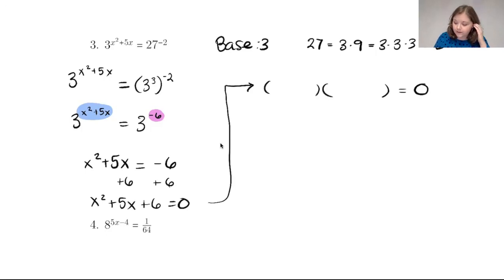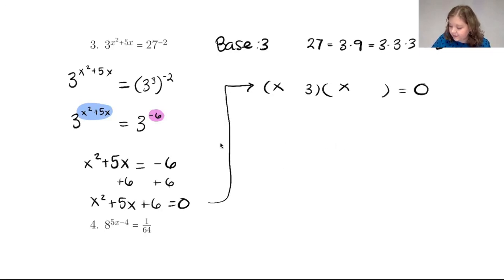Okay, so for our first terms here, we split apart x squared into x and x. Then we want to split apart 6 into its factors. So the factors of 6 are either 6 and 1 or 3 and 2. But we want to make a positive 5x in the middle. So 3 plus 2 gives us 5x, so that's the one I'm going to use.